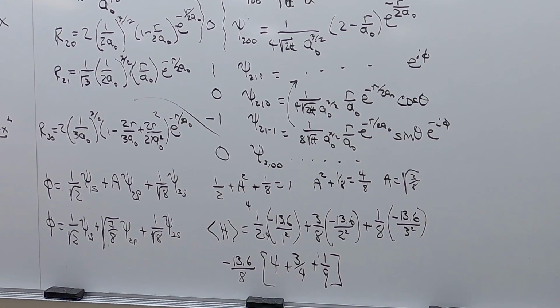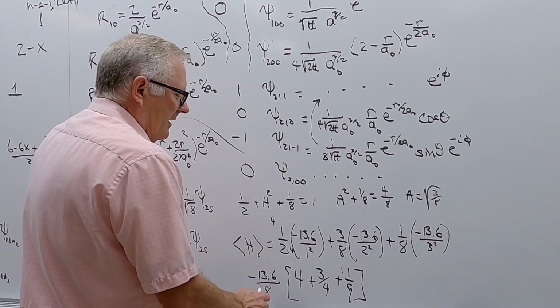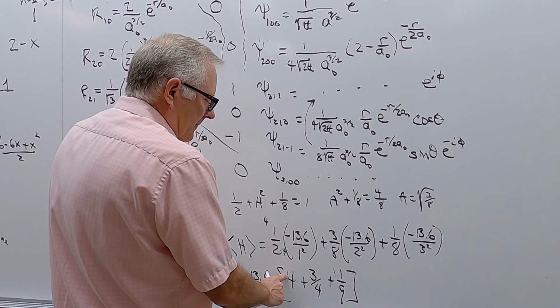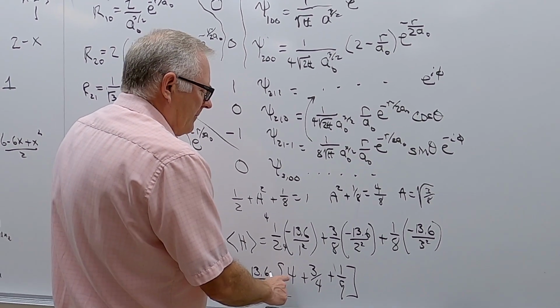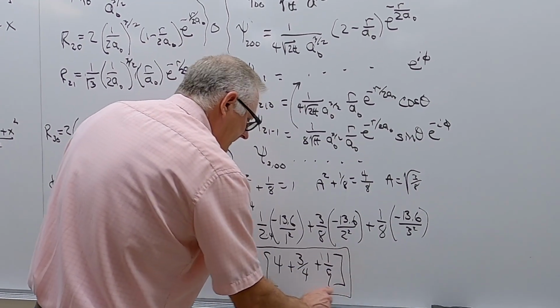Then I've got to get a common denominator here. This would just be 36 times 4. Maybe I'll just leave it like this right here. There would be the average energy.